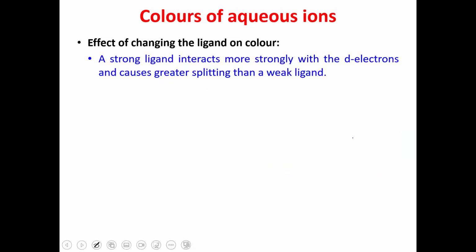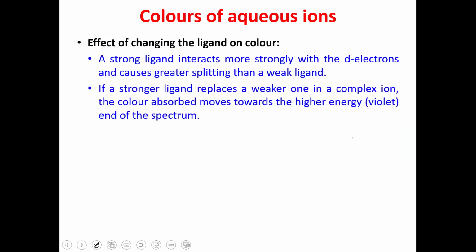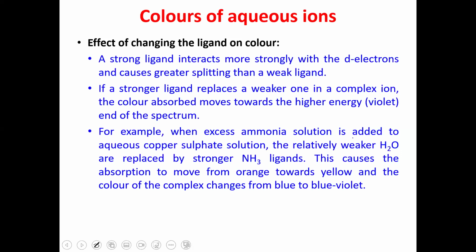And now we are talking about changing the ligand, the famous ligand substitution reaction. A stronger ligand can replace a weaker one. For example, when excess ammonia solution is added to aqueous copper sulfate solution, the relatively weaker water molecules are replaced by the stronger ammonia ligand.